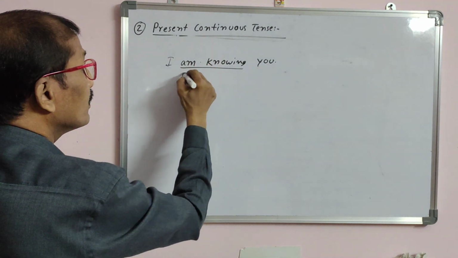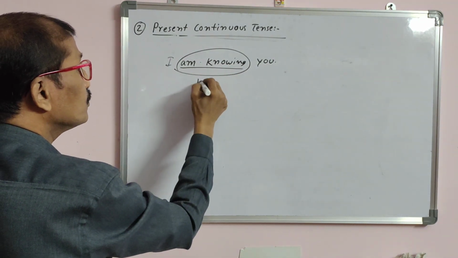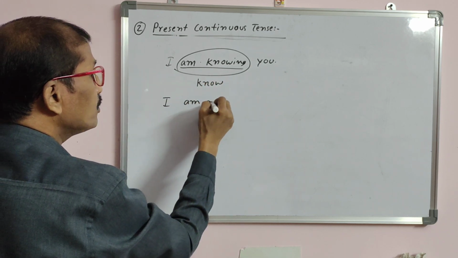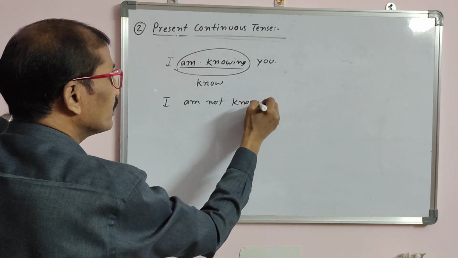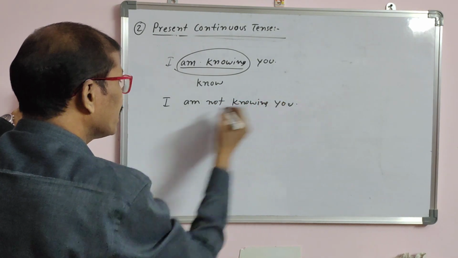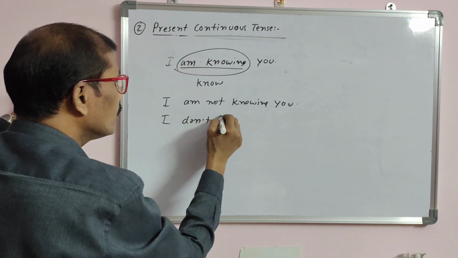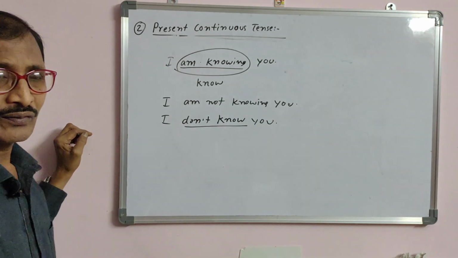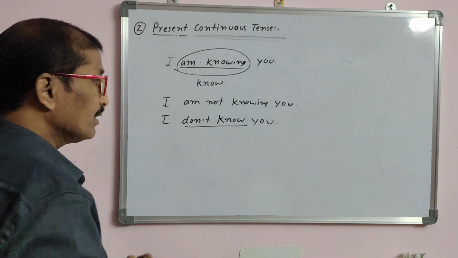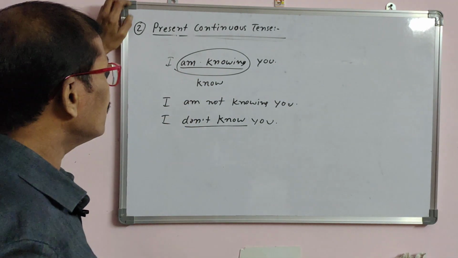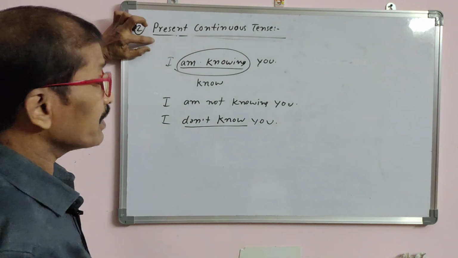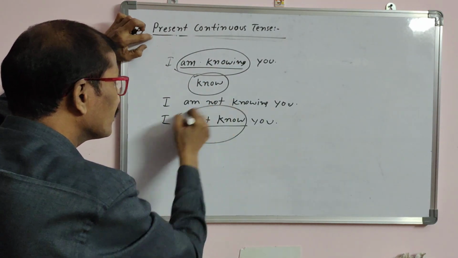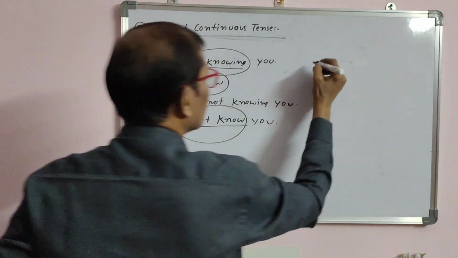For those verbs, we have to remove this and use simple present tense. I am knowing you is wrong, so to make it correct, I know you. Then to make negative, I don't know you. Okay, so certain verbs are there. I cannot give all. Certain verbs cannot be used in present continuous tense. Those can be used in simple present tense.